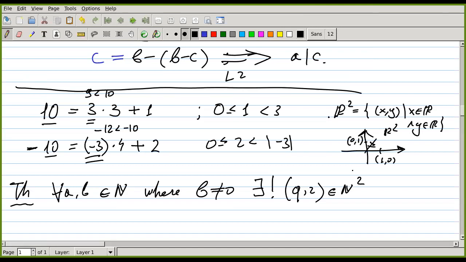Is this idea clear? Have you had coordinates on the plane? Cartesian coordinates. But now we want an ordered pair of naturals.